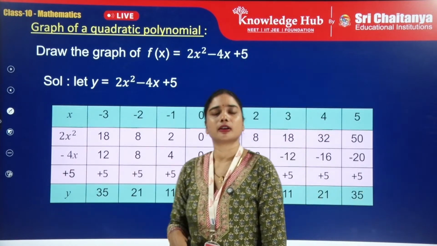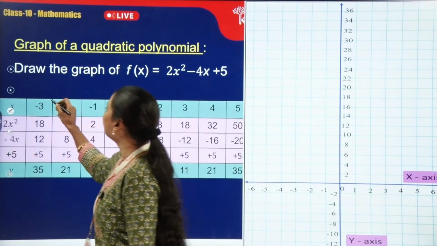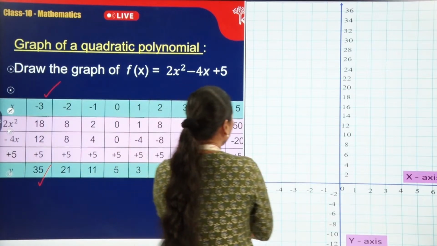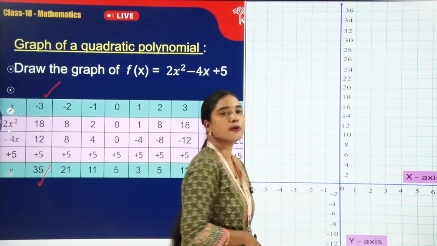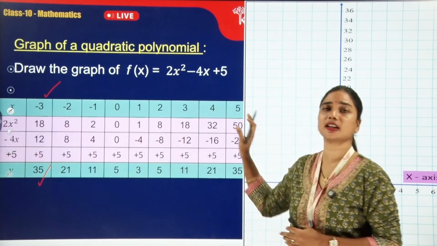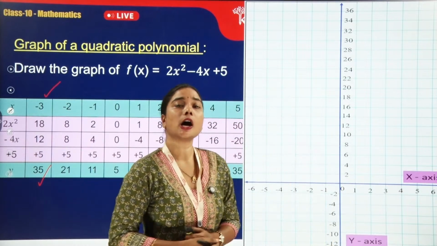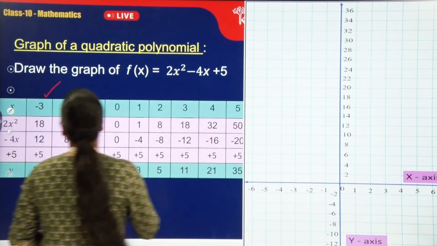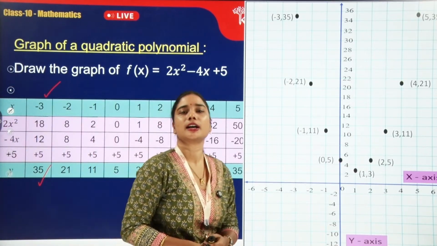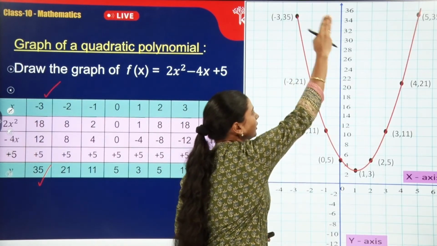Now, after completing the table, we have to draw the graph for x and y. So, plot all these points, and adjust the graph sheet according to the points. First mark the x coordinates and y coordinates. After marking all these points, we have to join them.